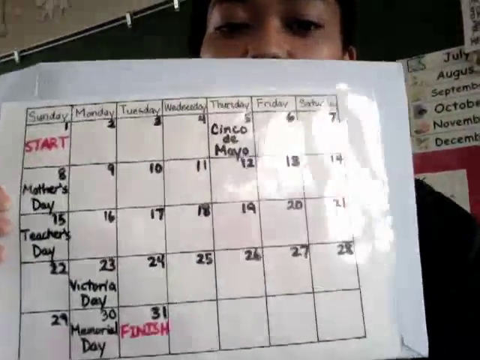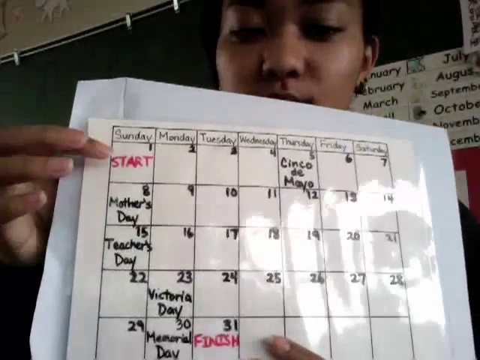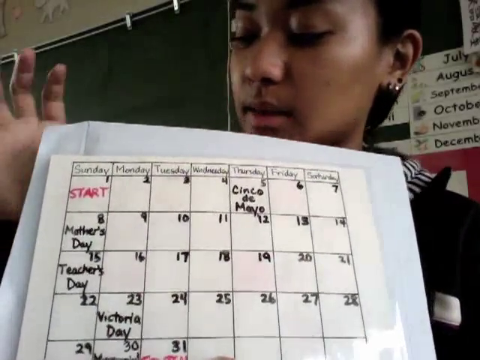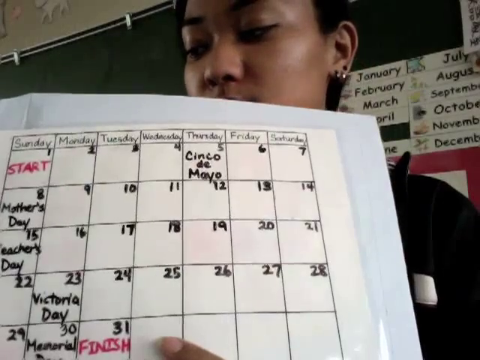So anyway, with this board, basically we just start on start, and then we decide who goes first, and then that person rolls the die, and so let's say they roll a 4.